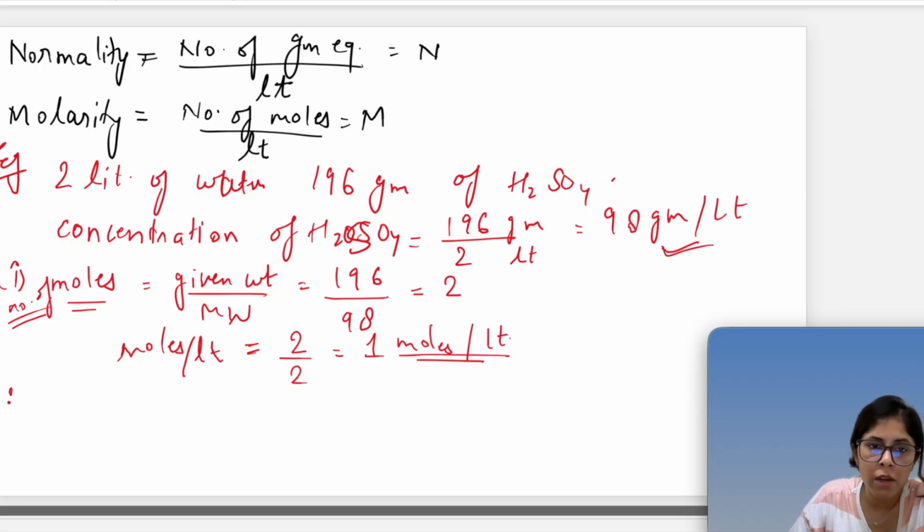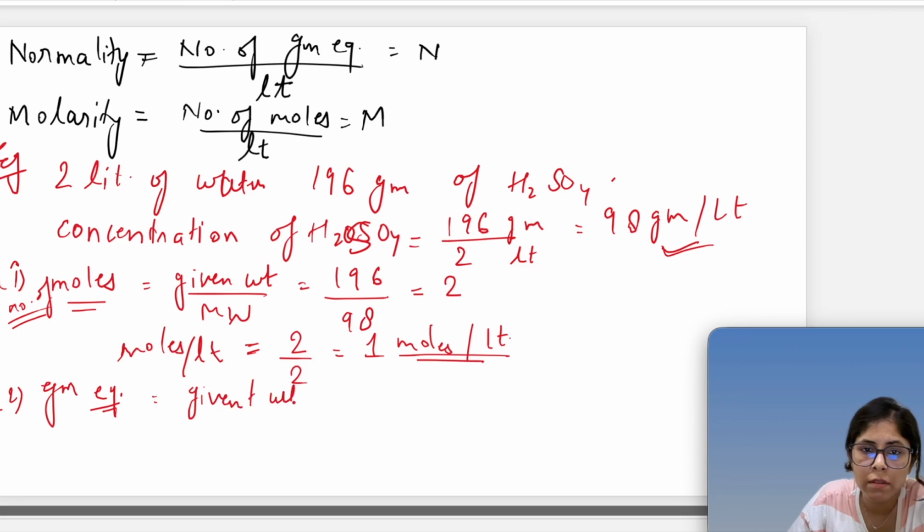Now let's calculate the gram equivalents. How will I calculate them? The gram equivalent formula was given weight upon the equivalent weight. The given weight was 196 grams and the equivalent weight is 49 grams.